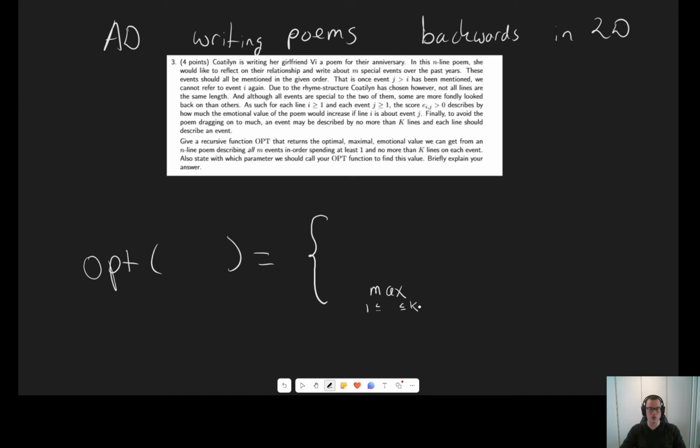I would normally call it small k, but because the difference between my small k and big K isn't always clear, I'm going to call it alpha instead. And alpha represents the number of lines I'm going to spend on a certain event. Which event? Well, I started by saying, imagine we have 100 lines and 50 events. So apparently those are two pieces of data that I need in order to reason about what to do. So I probably want an i and a j to indicate the number of lines left and the number of events left.